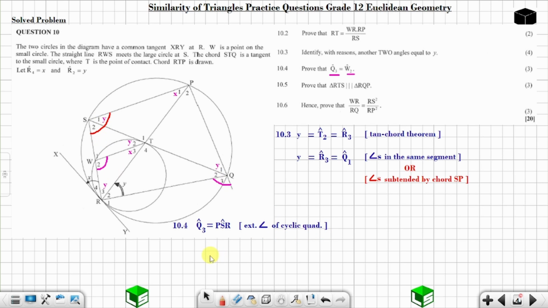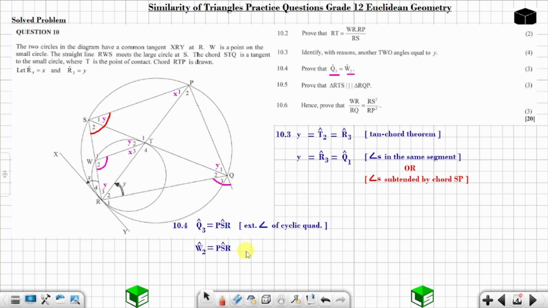Now you have angle W2 is equal to this angle because this line is parallel to this line, okay, from question 10.1, remember.